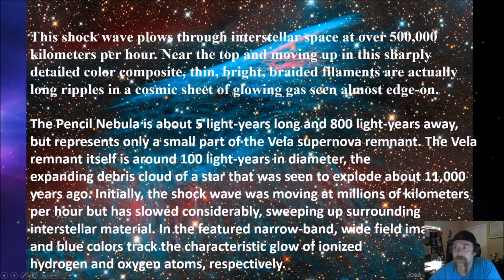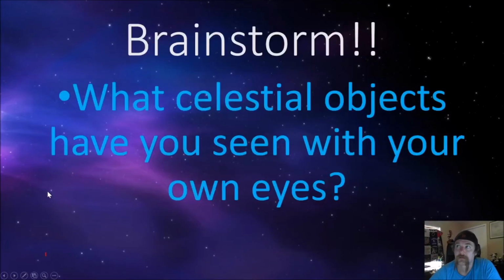All right, next. Now, I would like you guys to brainstorm. Come up with some things in your mind, write these down on your piece of paper, that you think would be considered celestial objects that you have seen with your own eyes. Just 5, 10, 100, however many you guys think.